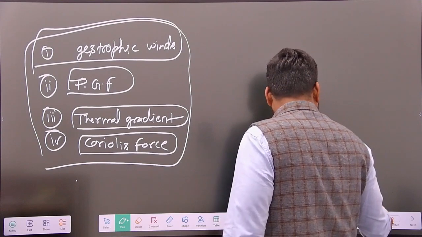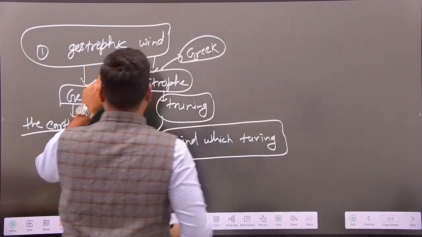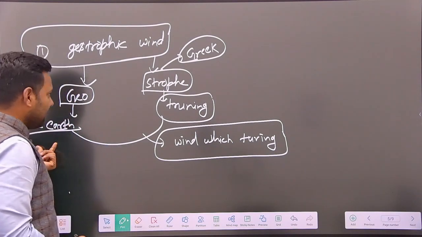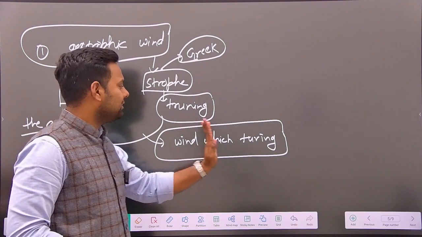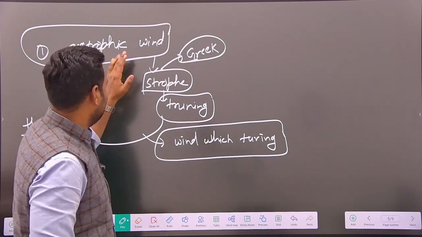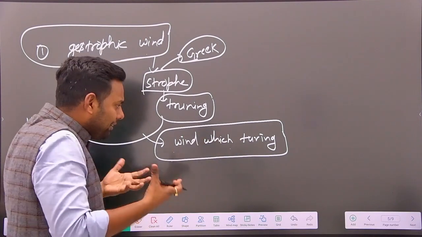Here geostrophic means geo is the earth and strophe is turning, so the whole meaning is that the wind is turning. Why does the wind turn?